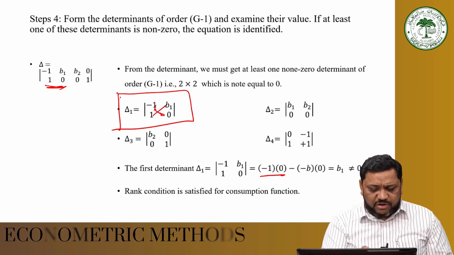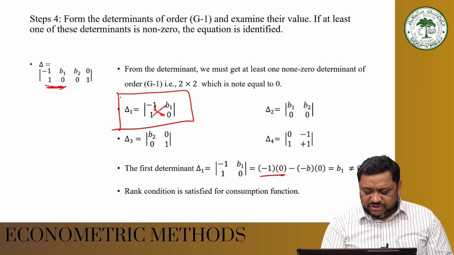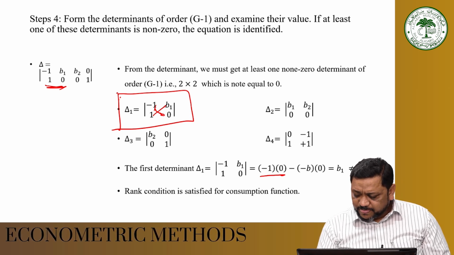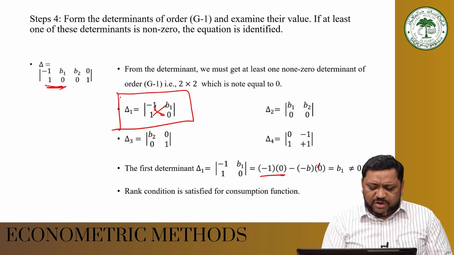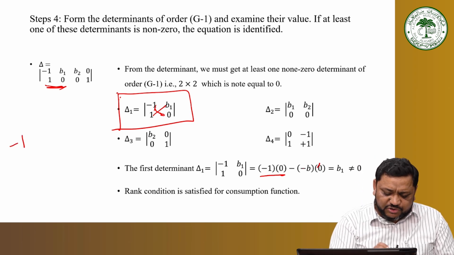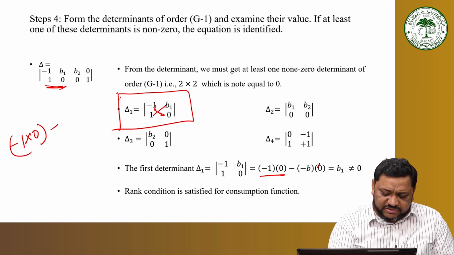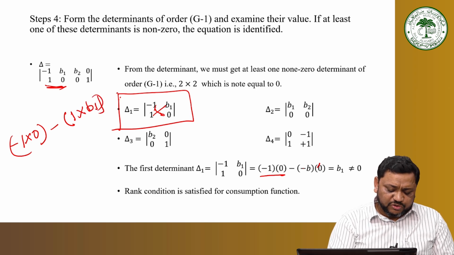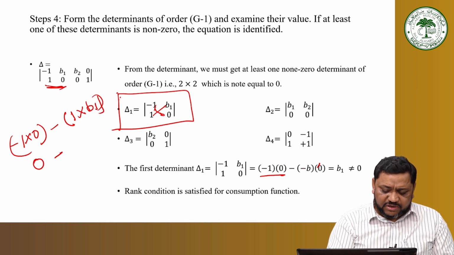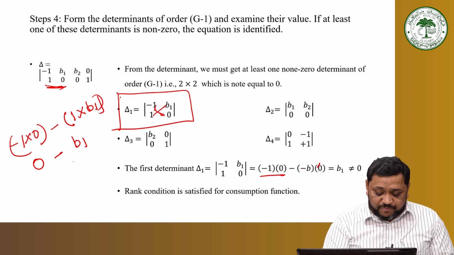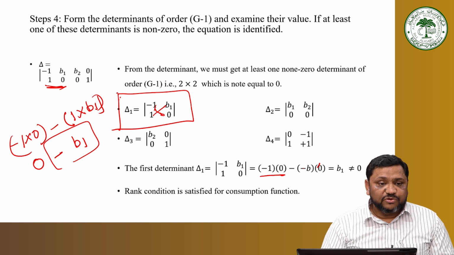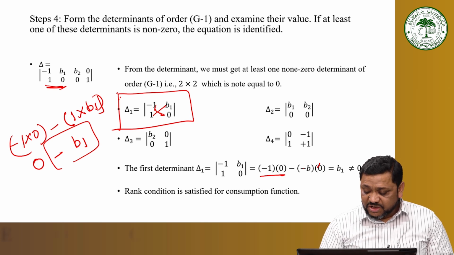Let us form this equation: -1 multiplied by 0 minus 1 multiplied by B1. So this is 0 minus B1, that is minus B1. So B1 is non-zero. Although it is minus, it is non-zero.